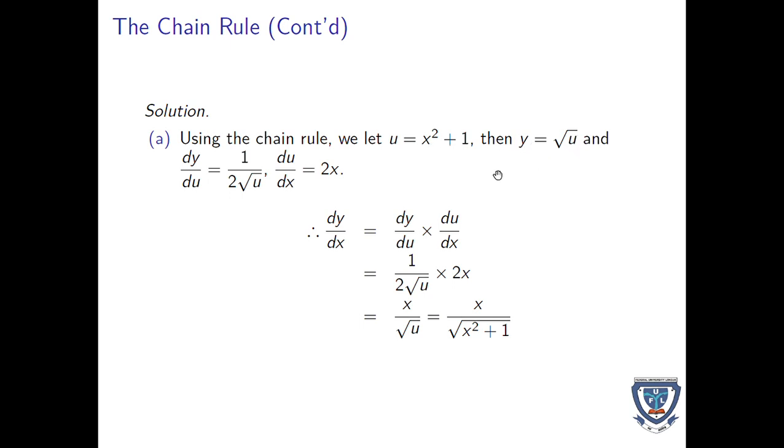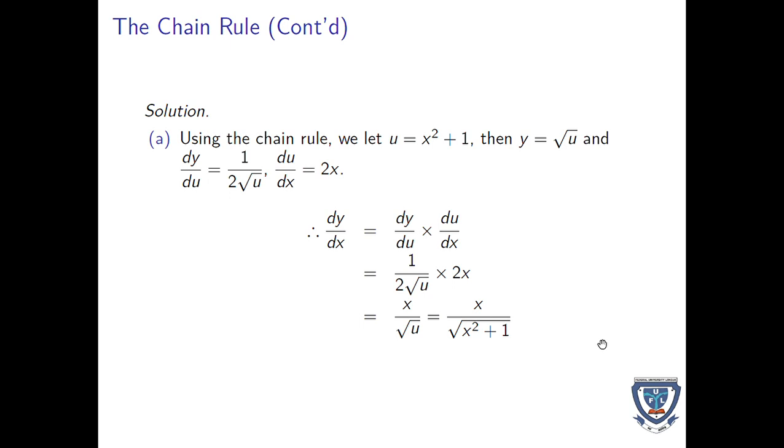Now, you're going to differentiate u with respect to x and also differentiate y with respect to u. Then you take the product, and that gives you x over square root of u, which, when you replace u with the initial assumption, gives you x over square root of x squared plus 1.